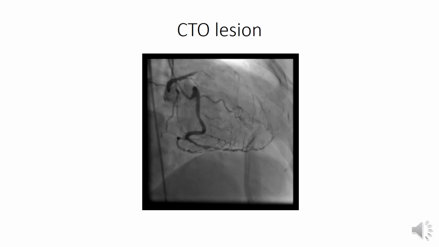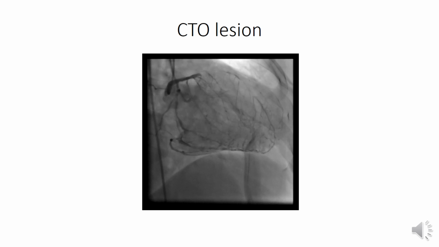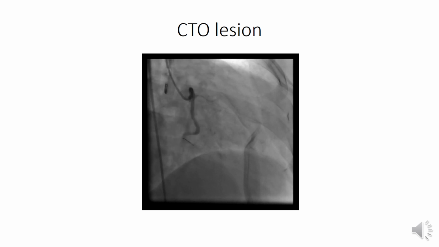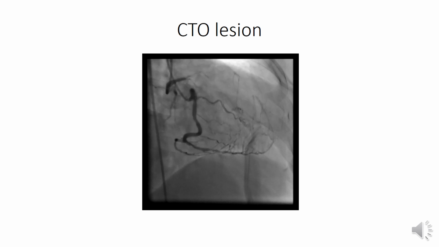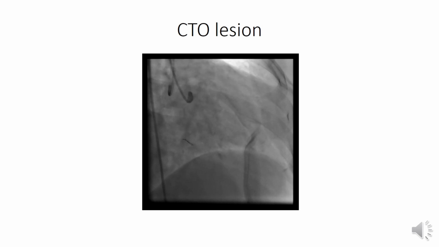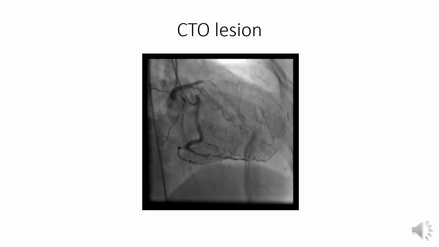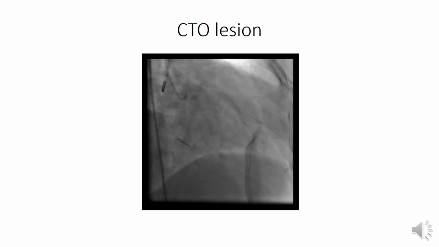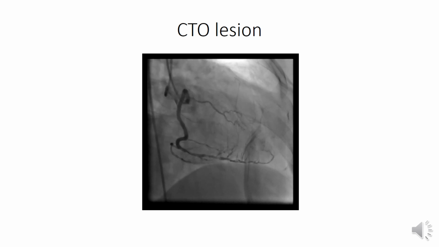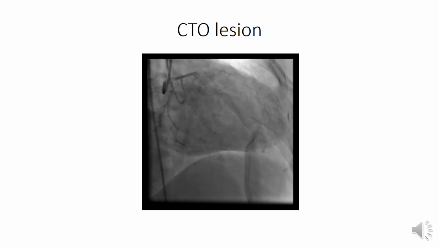This view shows injection firstly on the donor vessel, the RCA, that gives retrograde septal branches to the distal segment of the LAD. Then we inject dye on the culprit vessel, the CTO vessel, so we have appreciation of the length of the totally occluded segment, just to be familiar if we see such a picture.